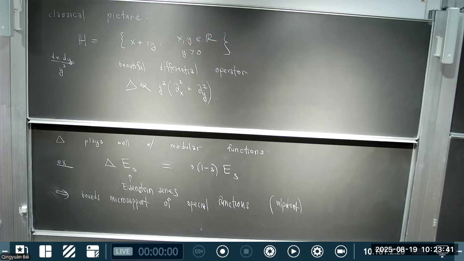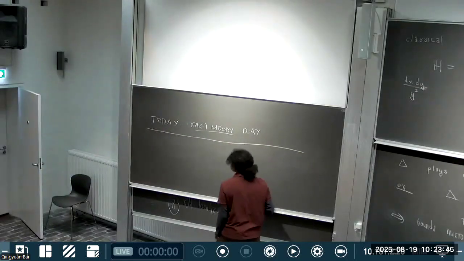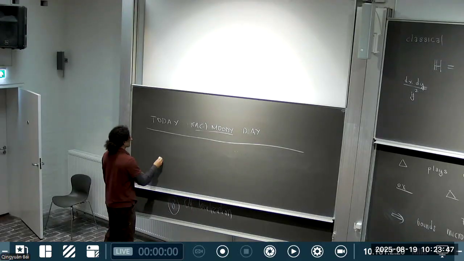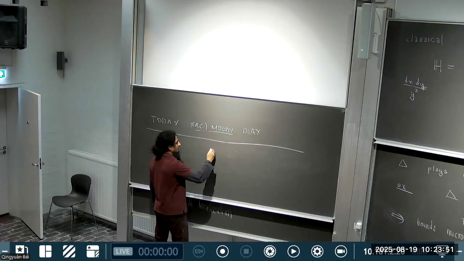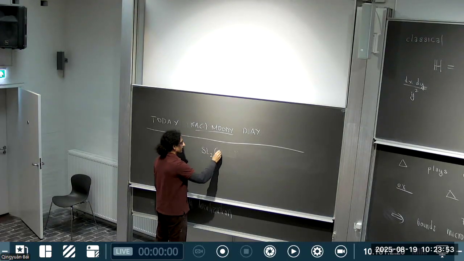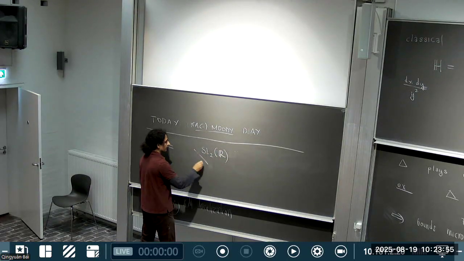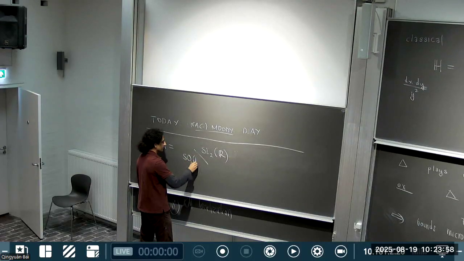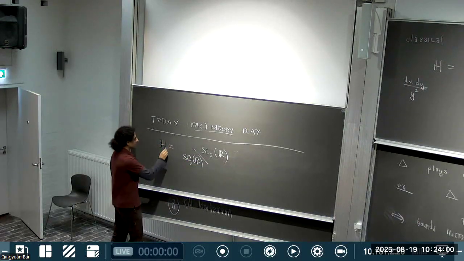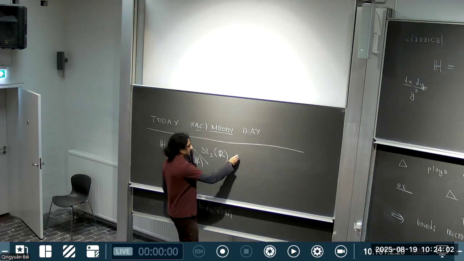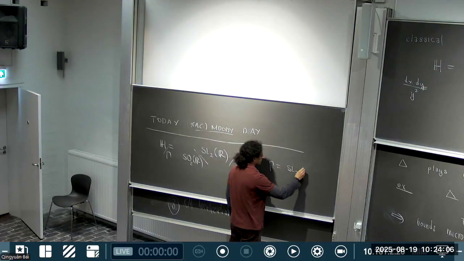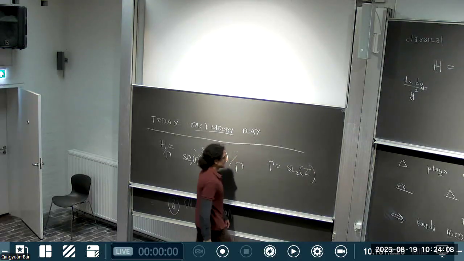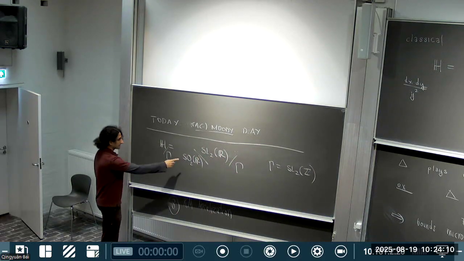The thing I want to explain is this. H is SL2(R) modulo SO2(R). And the things you particularly care about are functions which are descended here, for gamma, say just SL2(Z).